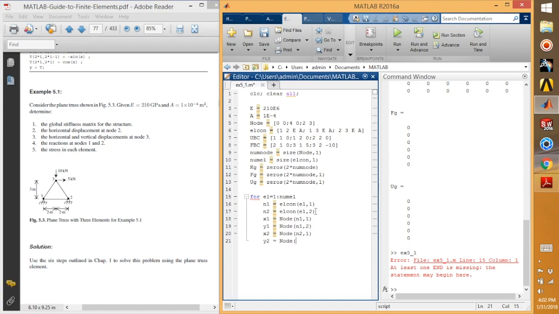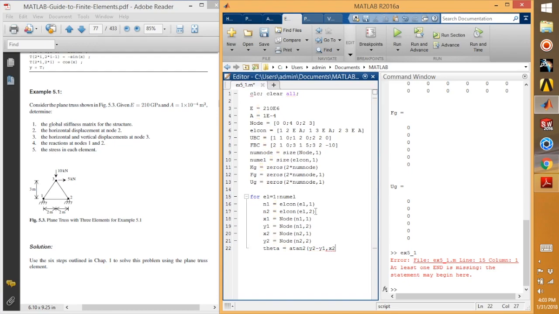So then we will have some angle over here, theta, as atan2. This is a general formula. You can use it in a number of problems. You don't need to worry about the change. It will be the same in almost each and every problem, which is similar to plane truss.